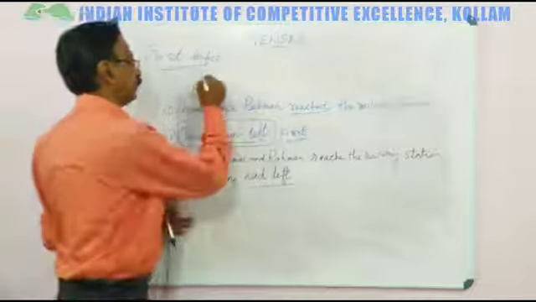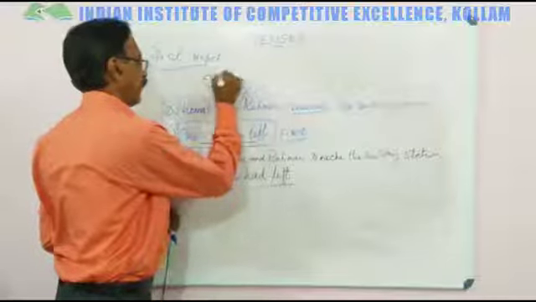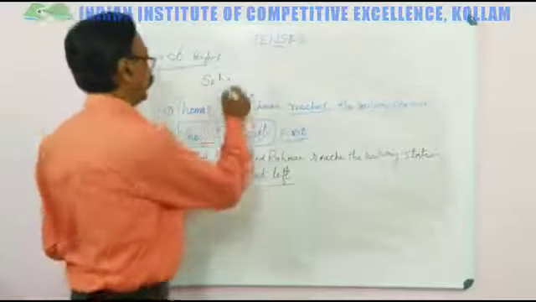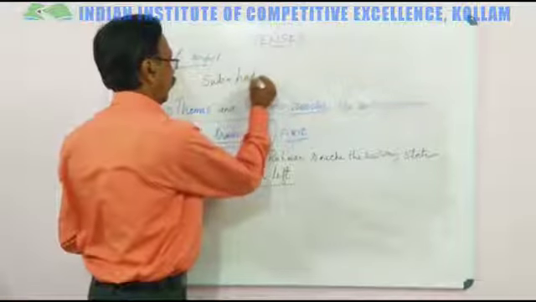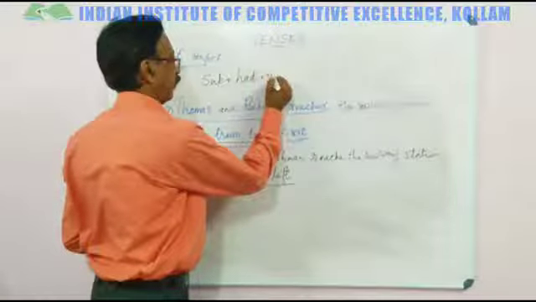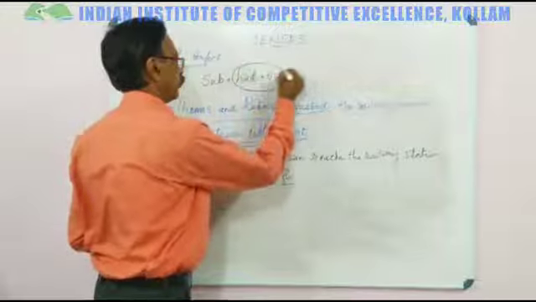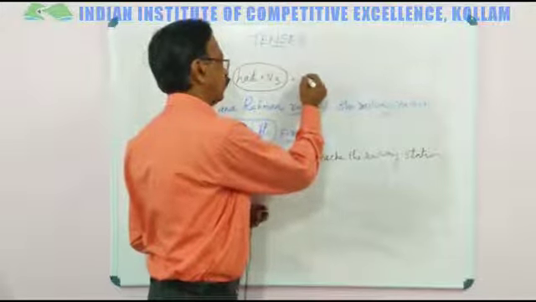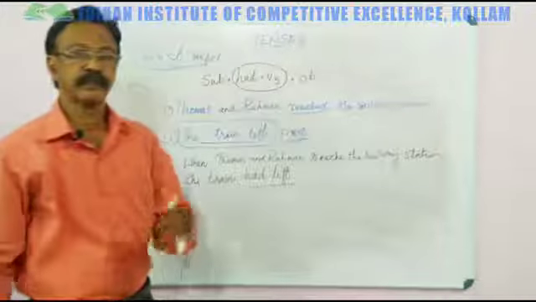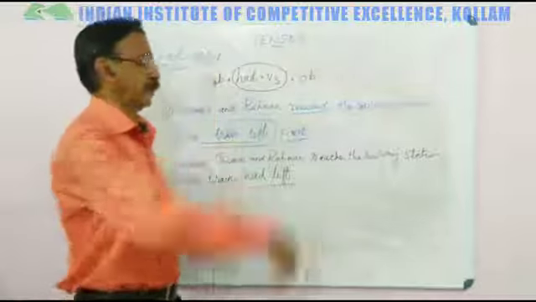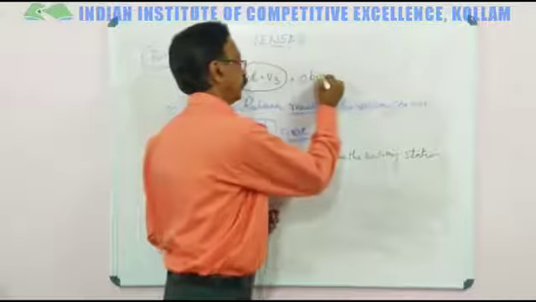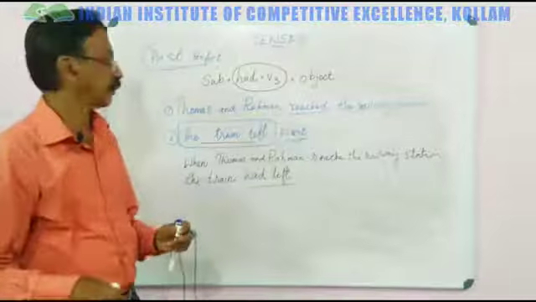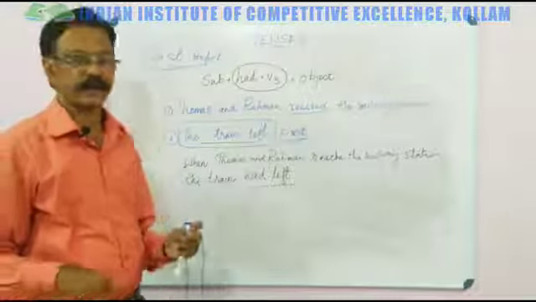So the structure: subject plus had plus V3 plus object, connecting with conjunctions, connecting the other sentence or the first action, the second action with conjunction.